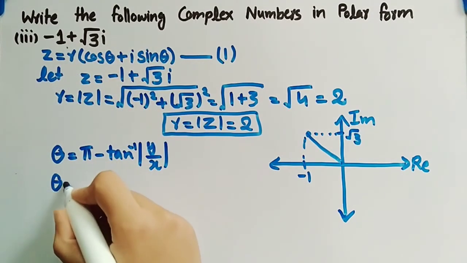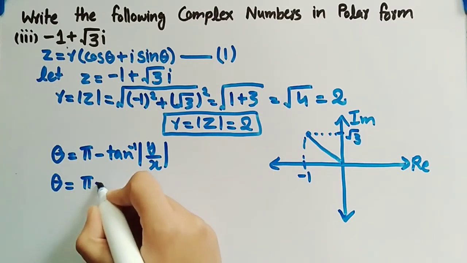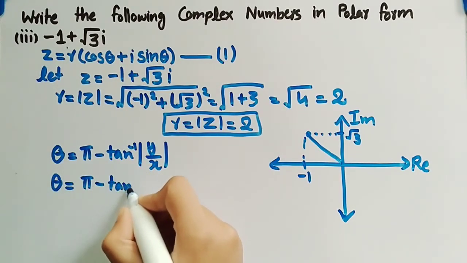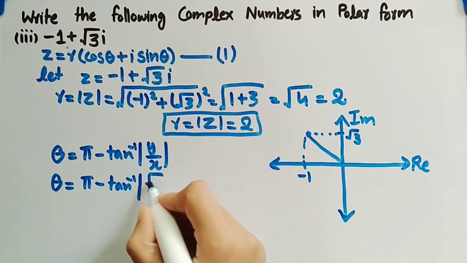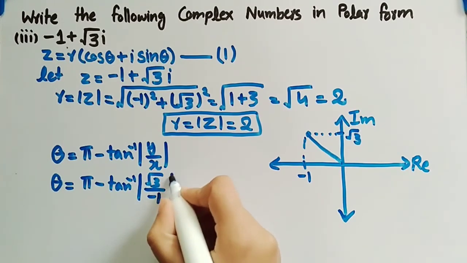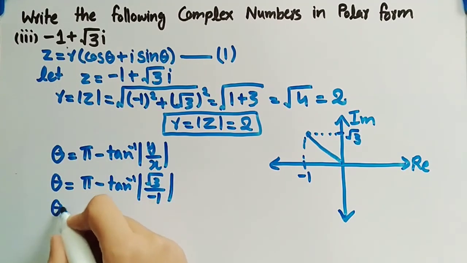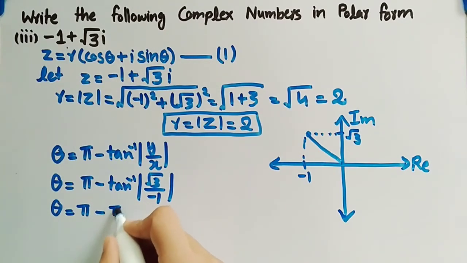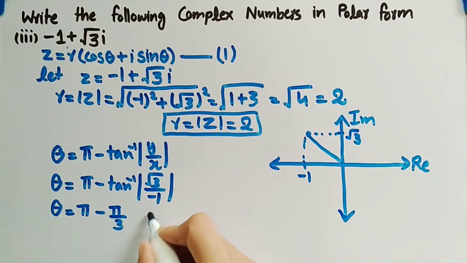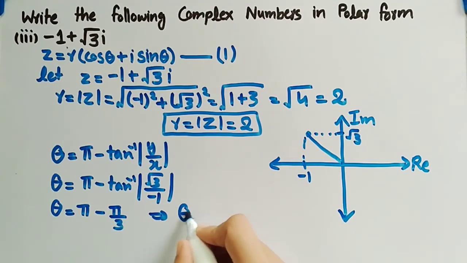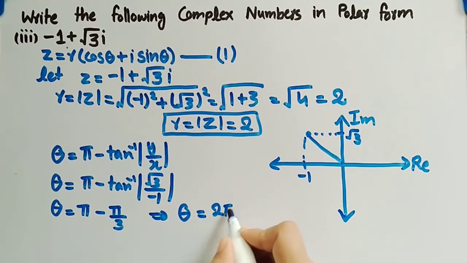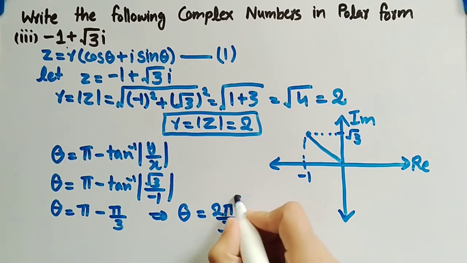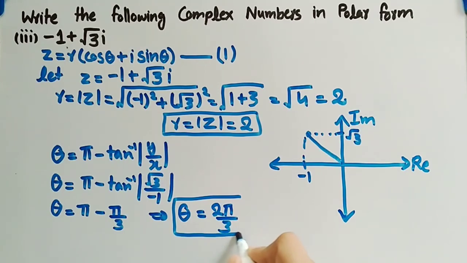So the value of theta will be equal to pi minus tan inverse square root 3 by 1, so it will be equal to pi minus pi by 3, which implies principal argument theta is equal to 2 pi by 3. So this is the value of principal argument theta.